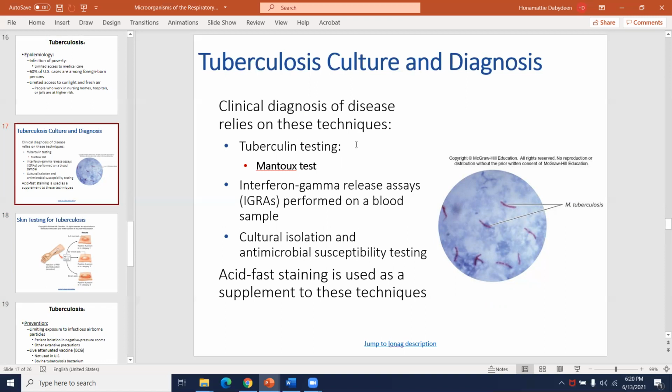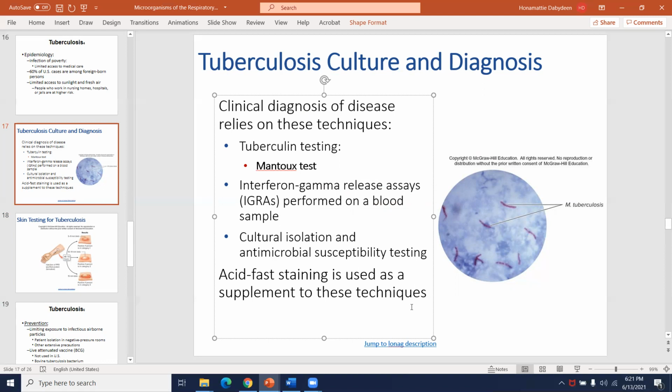Remember, we talked about delayed type hypersensitivity that is caused by a type of T cells. So the IGRA test is a blood test, and they're looking for T cell activity. You're not going to find that test very often, but it's a brand new test that's coming out in the market these days. People are starting to do it, but it's not like the Mantoux test, which they try to do. And of course, to identify, you do the culture and sensitivity. So that's how we diagnose the disease.